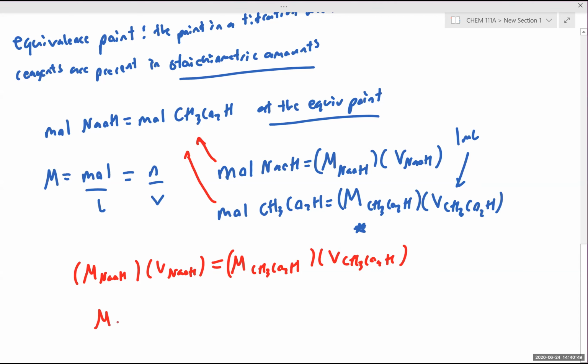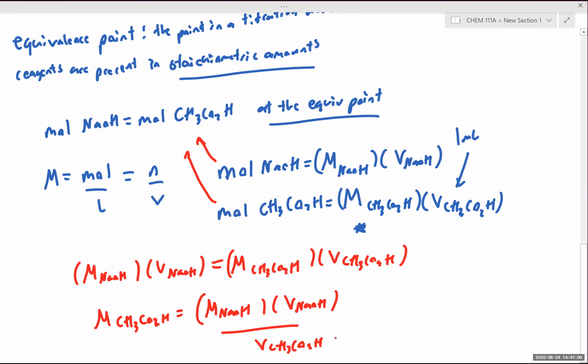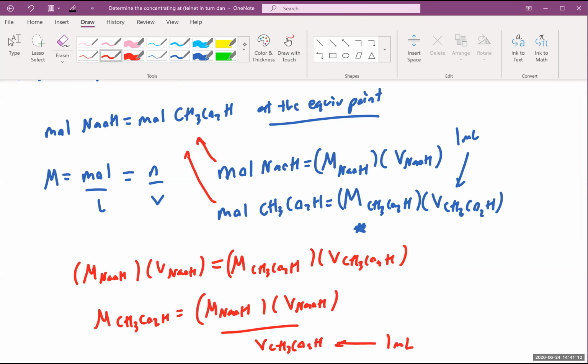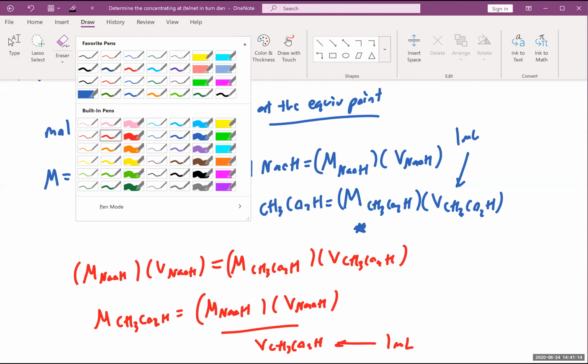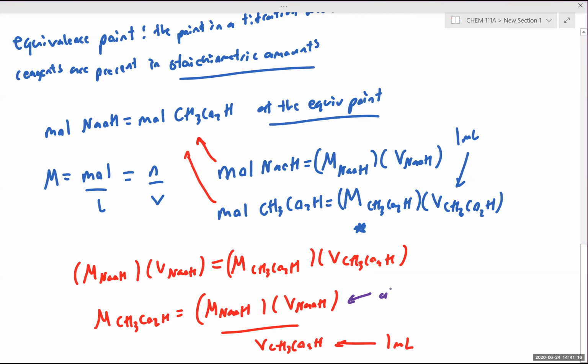In other words, the molarity of acetic acid is equal to the molarity of sodium hydroxide times the volume of sodium hydroxide over the volume of acetic acid, which we know is about 1 ml. So the question becomes, how do we figure out the volume of sodium hydroxide at the equivalence point?